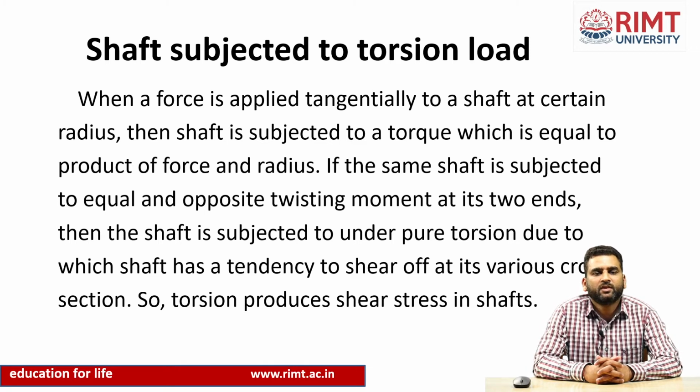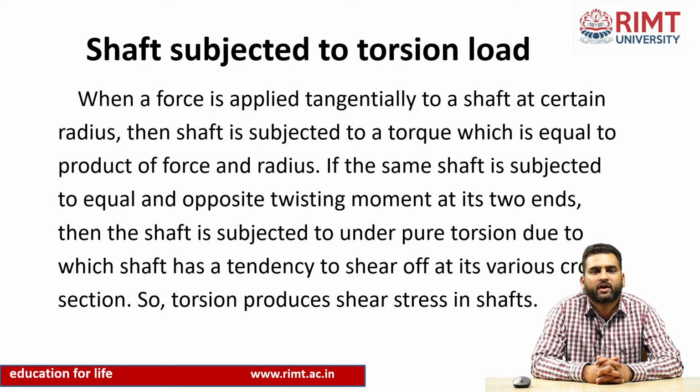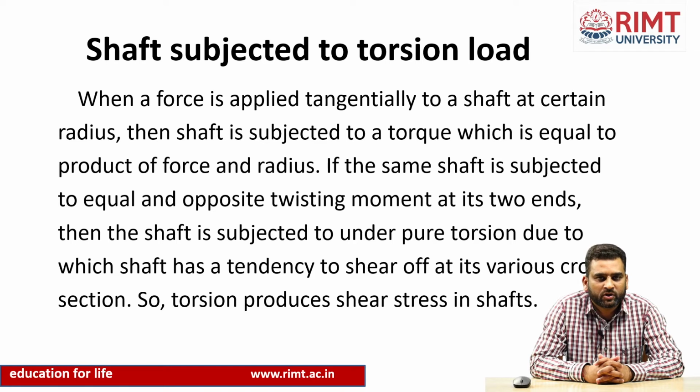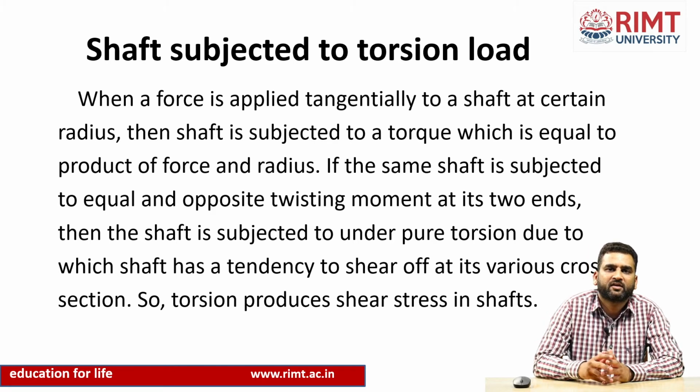If the same shaft is subjected to equal and opposite twisting moments at its two ends, then the shaft is under pure torsion, due to which the shaft has a tendency to shear off at its various cross sections. So, torsion load produces shear stress in the shaft.